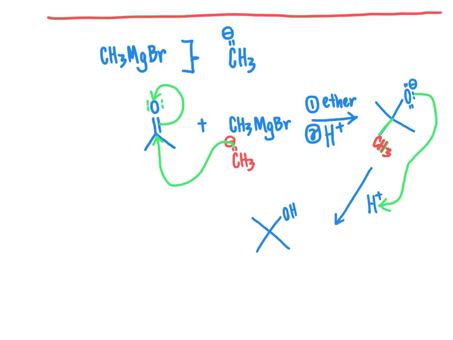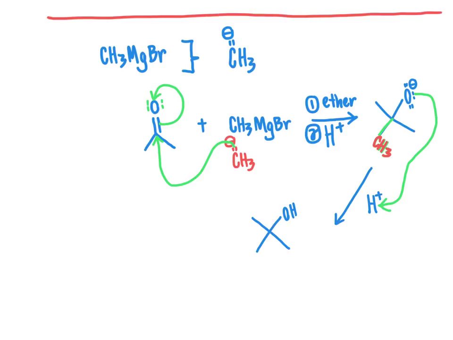So now we've created our alcohol product here through this nucleophilic addition, because we're adding that nucleophilic carbon to the aldehyde or ketone group. We're going to see a bunch of different situations where we can team up a relatively basic nucleophile, such as a Grignard reagent, with a carbonyl group of an aldehyde or ketone. And in each case, we're going to get this same theme taking place, where the nucleophile comes in and attacks the carbonyl carbon.